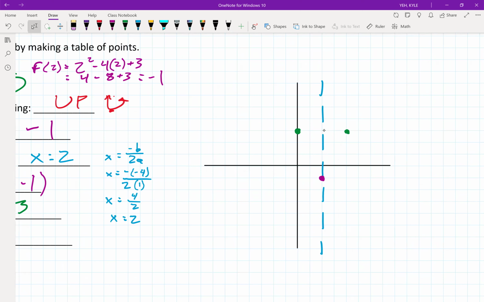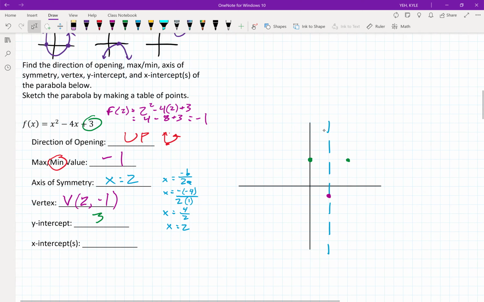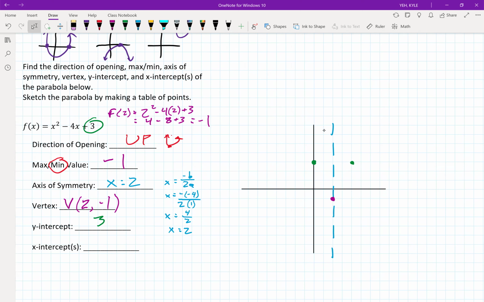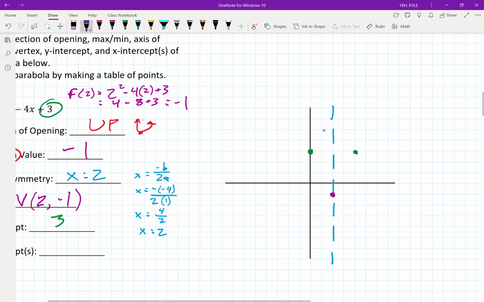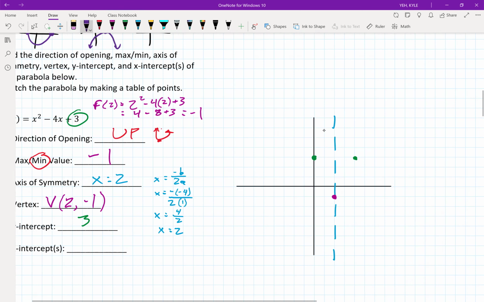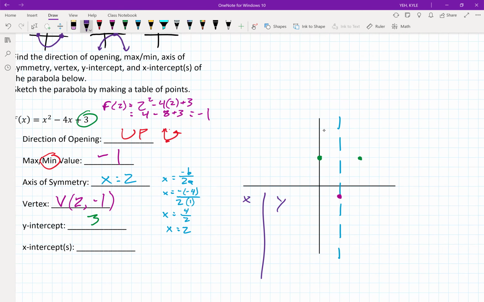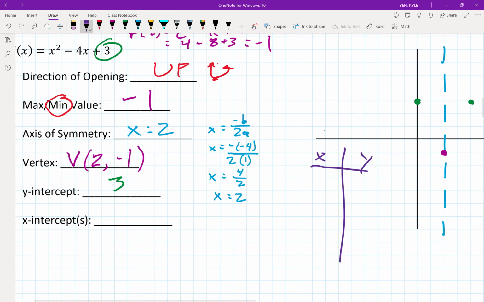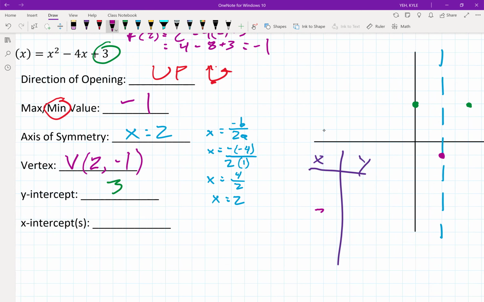All right, the last thing on our list to find, and it also goes along with the sketch, x-intercepts, and we need to sketch by making a table of points. Here's my recommendation: find 5 points. And if you notice, we already have 3 of them. I'm going to put my vertex smack dab in the middle of this table, 2, negative 1. We already found that was a point.